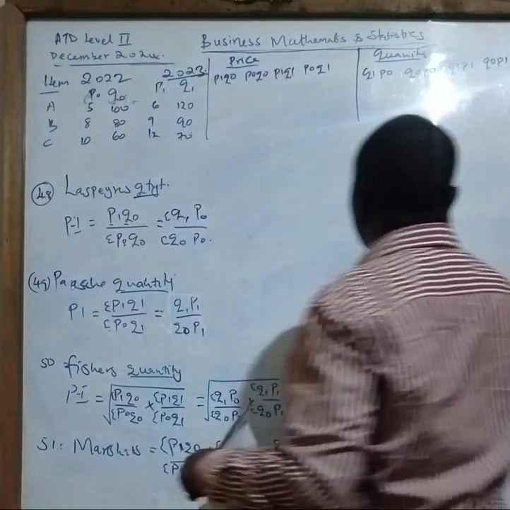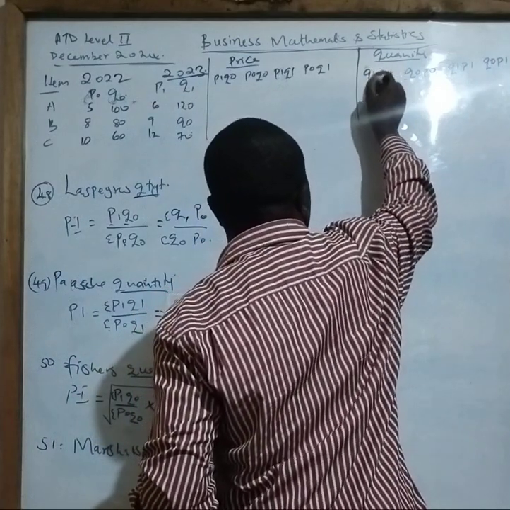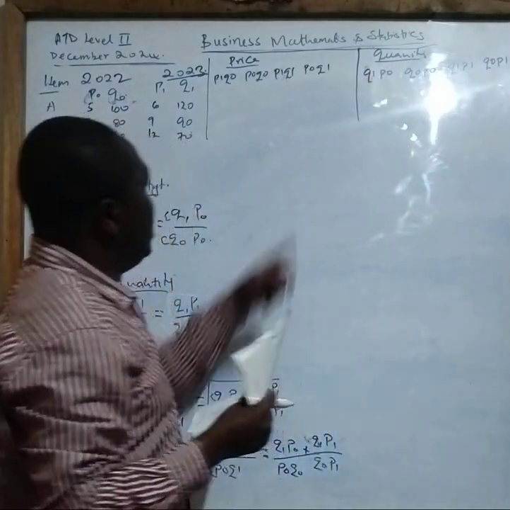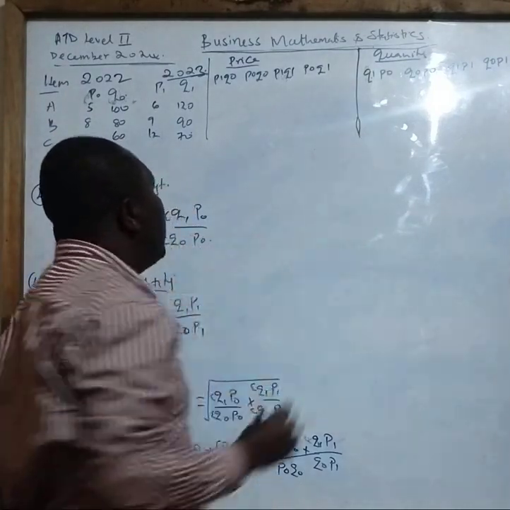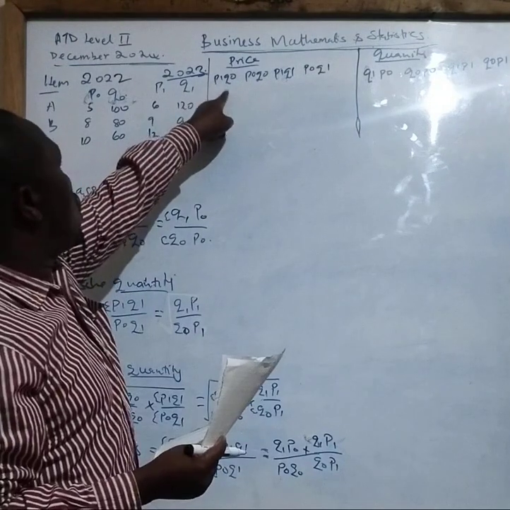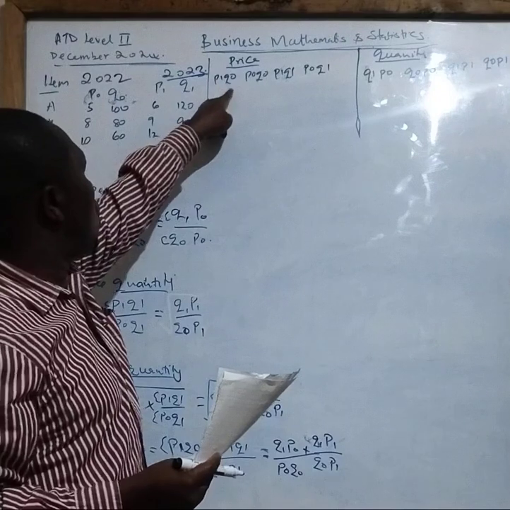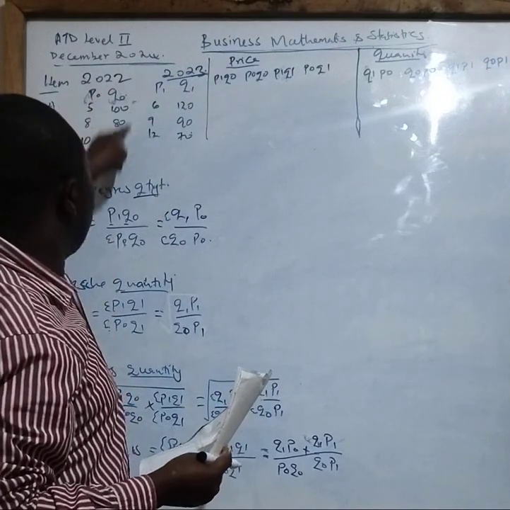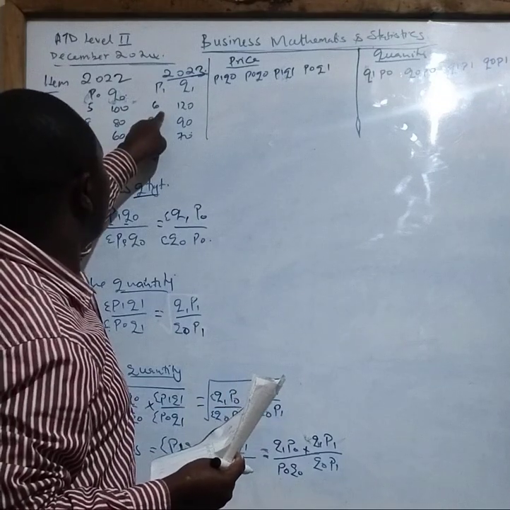You can see, I've already entered exactly what I wanted. Now, from here, I just need to go one by one and multiply. P0, this one here, multiply by q0, which is this one here. So it will be this times this.